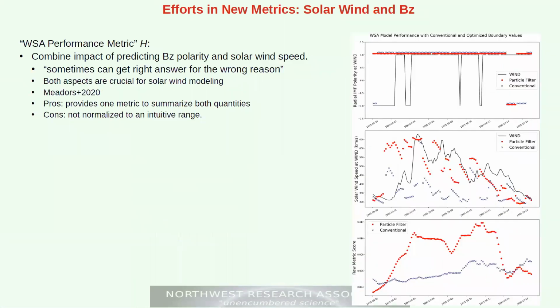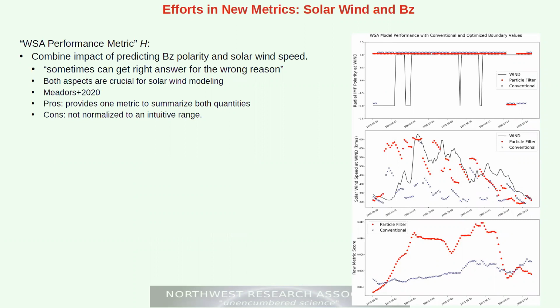Solar wind and Bz, there's a couple things that are happening. One is the WSA performance metric H, which I won't go into too much detail here. The paper is cited at the end. But essentially, sometimes when you're looking at the solar wind prediction, you can get a good answer for the wrong reason.